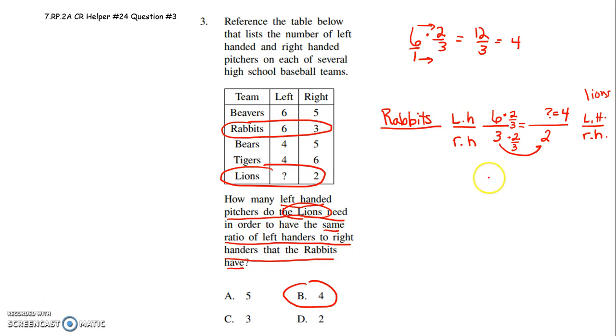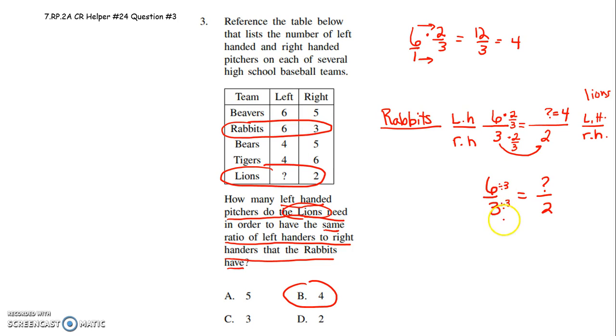I want to look at it another way. If you have 6 over 3 equals how many over 2? Lots of ways you can go about it. You could say, oh, 3 times 2 gets me to 6. 2 times 2 would get me to 4. I could also take my 6/3 and simplify it. I could divide this by 3.